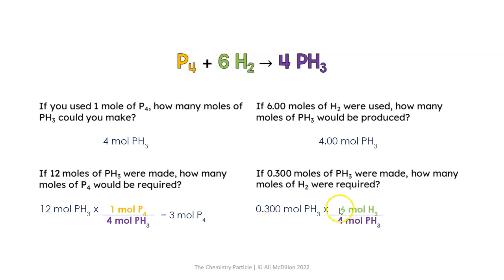And again, you could do this as 6 over 4, or you can go ahead and reduce it to 3 over 2, which will give us 0.45 moles of H2. And again, how you would solve this, you would do 0.300 times 6, and then divide that answer by 4. Okay, it's just a fraction problem.